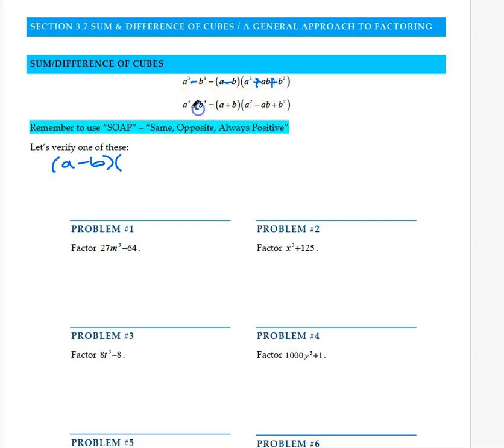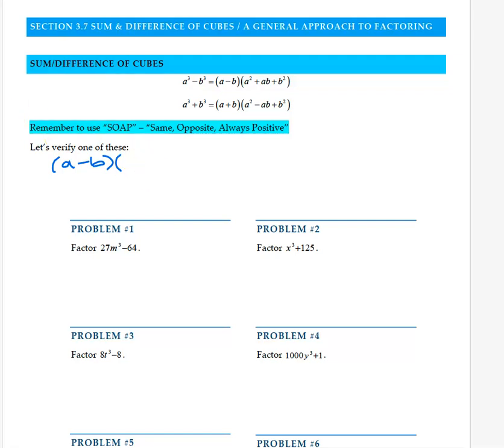If we start with a plus sign, we'll have the same sign in between here, the opposite sign between there, and the last one's always positive. Just knowing this SOAP, same, opposite, always positive, is going to be really helpful.